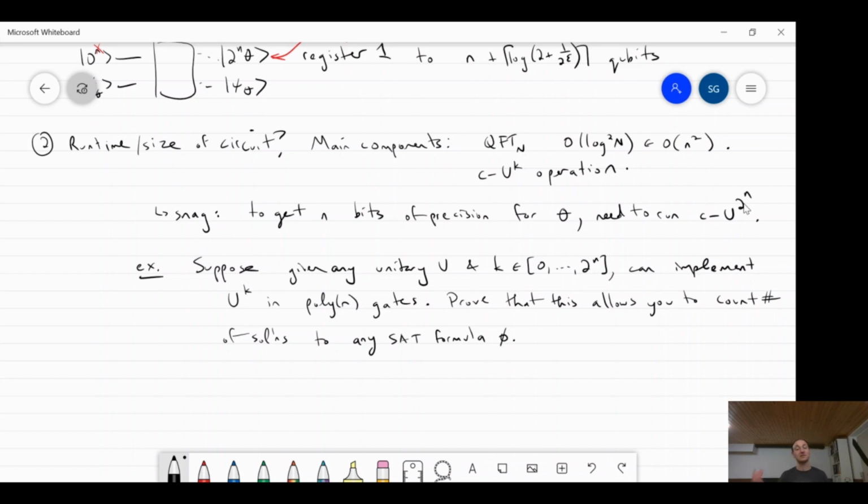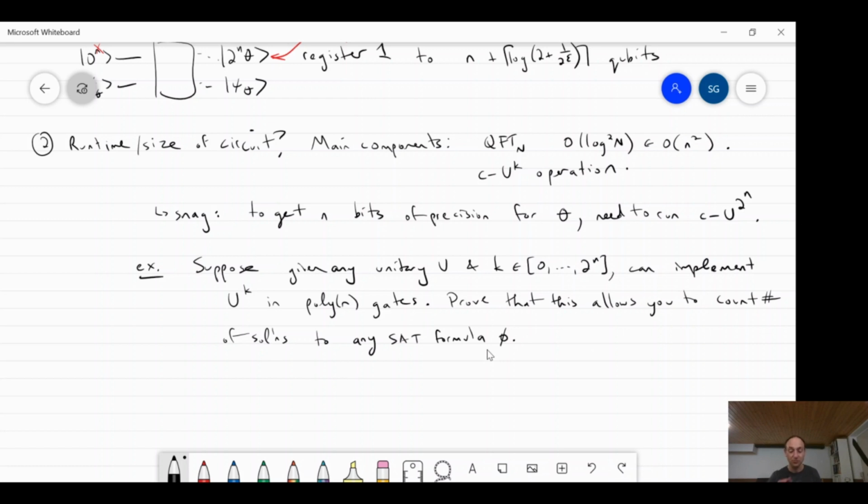Think of your favorite SAT formula phi. It's NP-hard to figure out if it even has one satisfying assignment, but to count the number of satisfying assignments is even harder. That's sharp-P hard. And so I claim that if you have the ability to raise u to exponentially large powers efficiently, meaning in time polynomial in little n, then you could count very quickly, in polynomial time in little n, the number of solutions to any SAT formula.